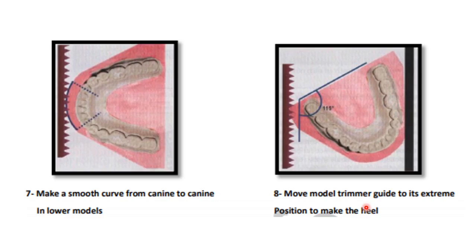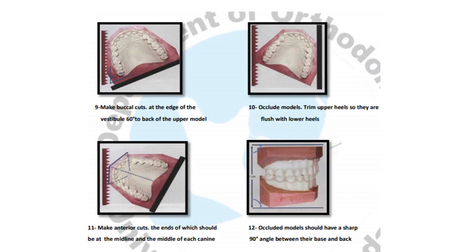Move the model trimmer guide to its extreme position to make the heel. You should make an angle of 115 degrees, and then make buccal cuts at the edges of the vestibule, which is 60 degrees, at the back of the upper model. Then occlude the models and trim the upper heel so they are flush with the lower heel.